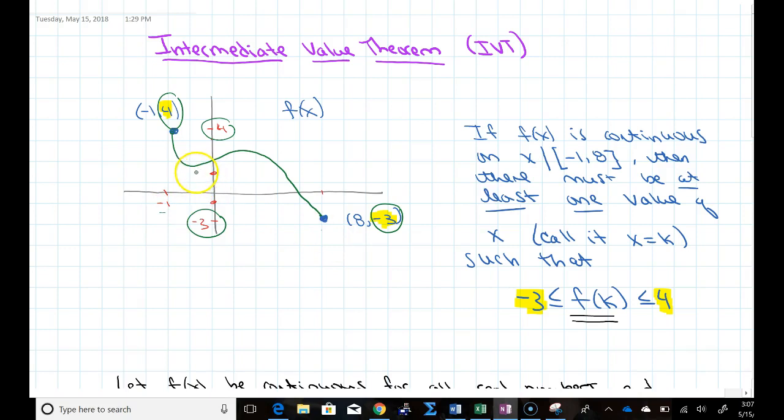So, you can see here, at this y value right here, maybe you call it y value +2, there's two different x values between -1 and 8, such that y equals 2. So hence the at least one.